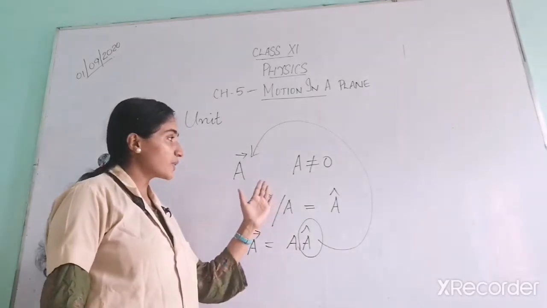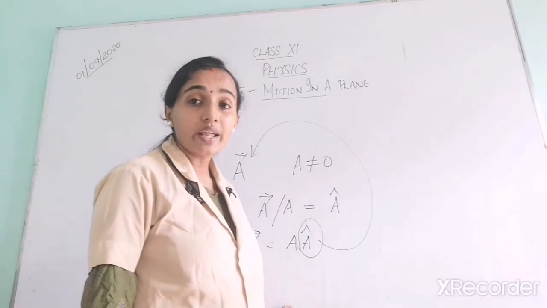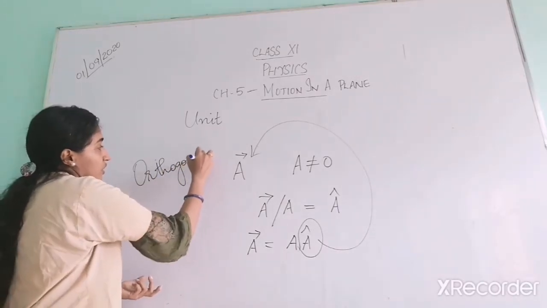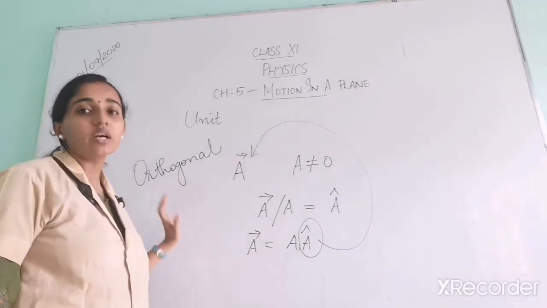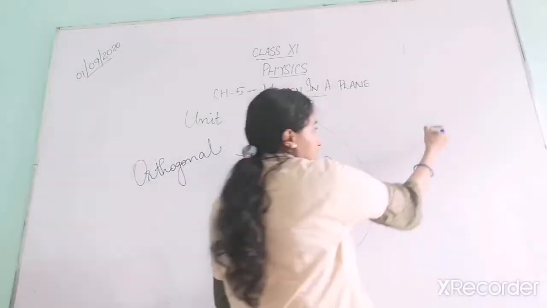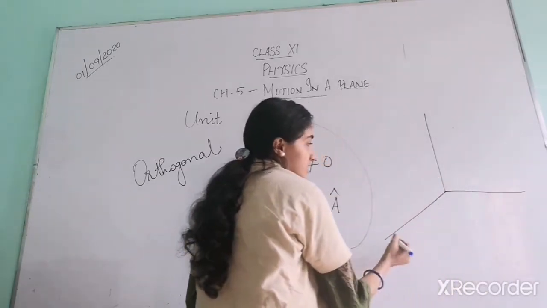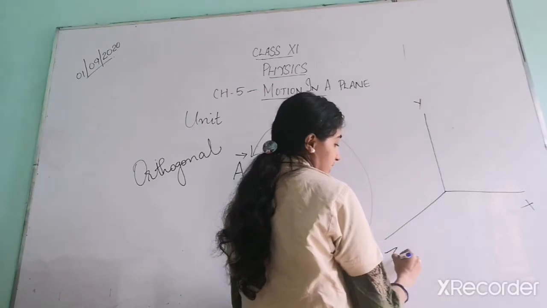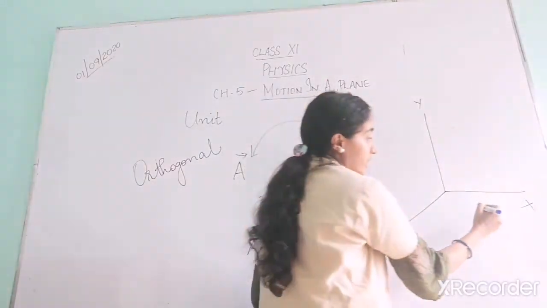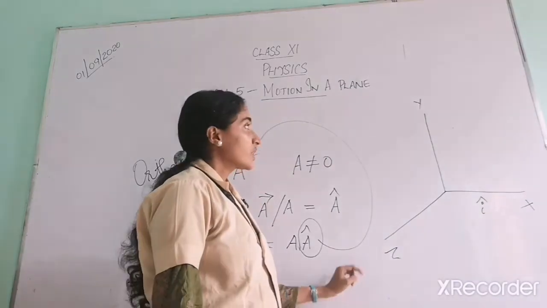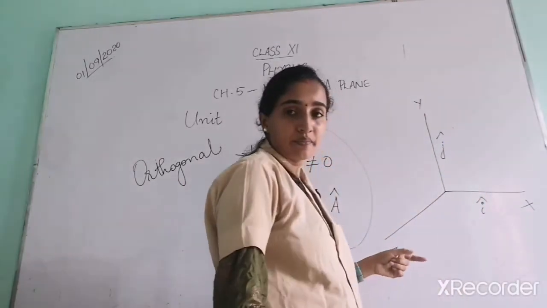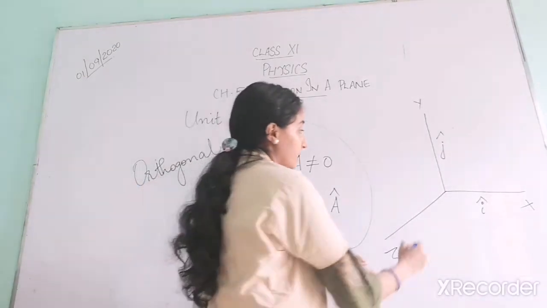Now, with respect to this, you have a subpart, that is orthogonal unit vectors. These orthogonal unit vectors you represent in a Cartesian coordinate system, where you have the x-axis, y-axis and z-axis, X, Y, Z. The unit vector along the x-axis is always represented as I cap, along the y-axis it will be J cap, and along the z-axis it will be K cap.